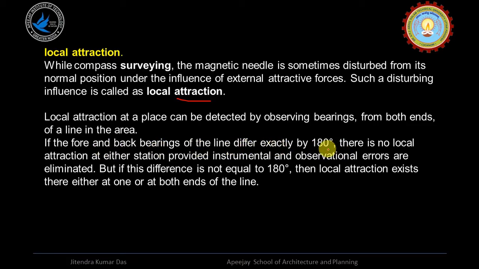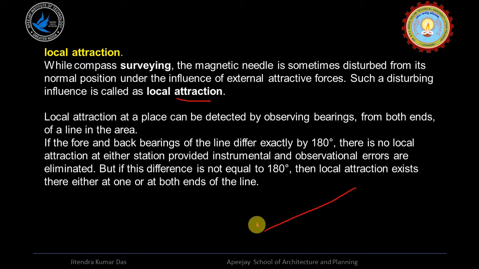If the fore and back bearing of a line differ exactly by 180 degrees, there is no local attraction at either station, provided instrument and observational errors are eliminated. But if this difference is not equal to 180 degrees, then local attraction exists at one or both ends of the line.